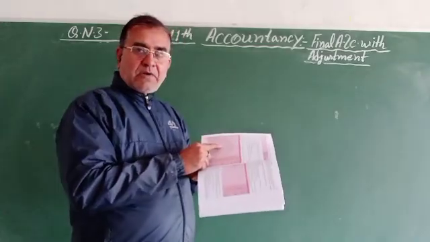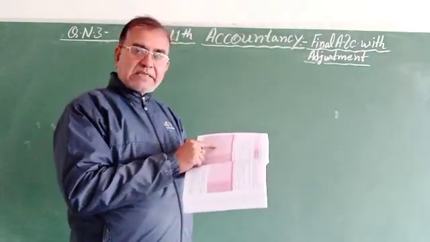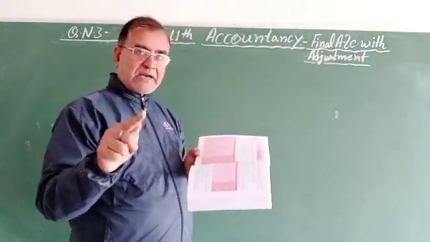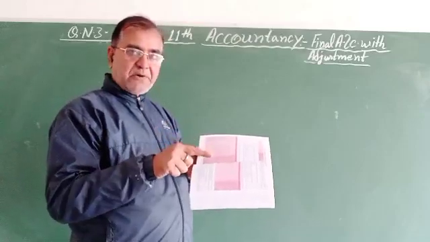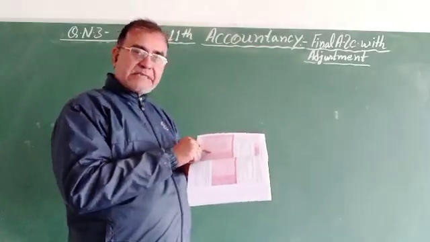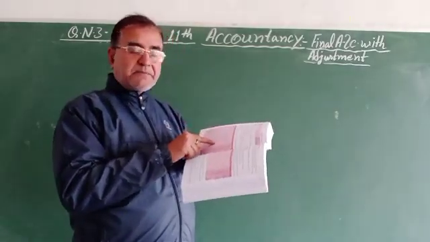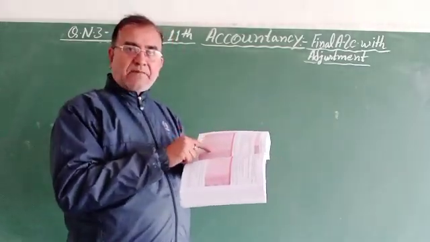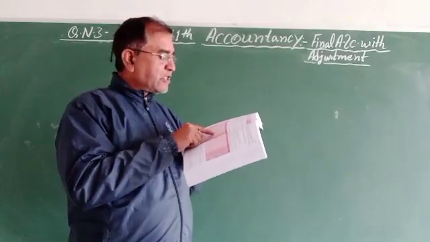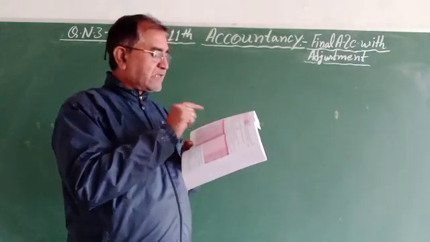The trading account and the profit and loss account have been prepared in the previous video, and in this video I am going to prepare the balance sheet of this organization on 31st March 2017.